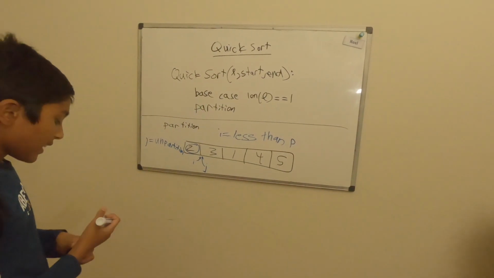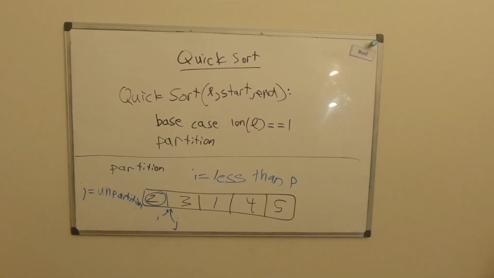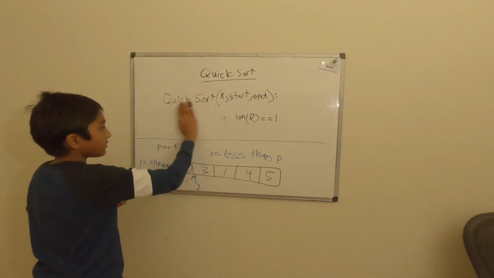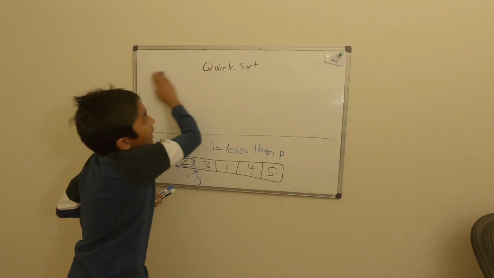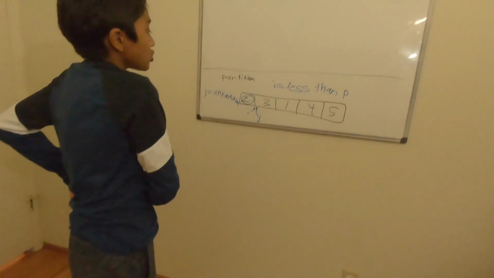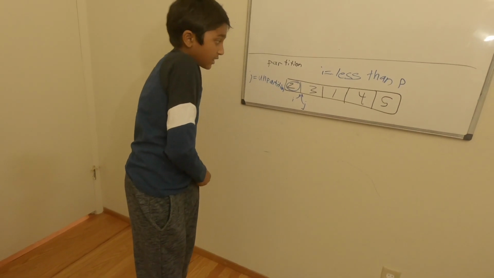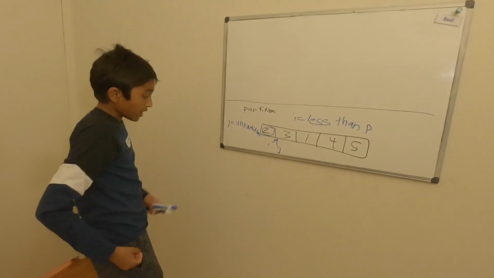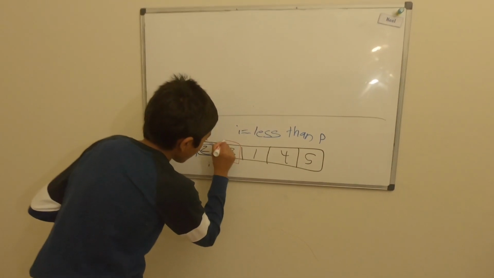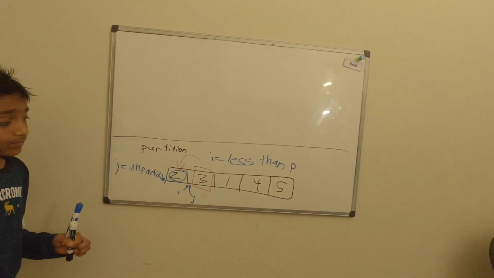So now, let's look at our very next step. We'll have to say goodbye to this part now so we can continue. And what is our next step? What we're going to do is compare this next one, 3, with our pivot.